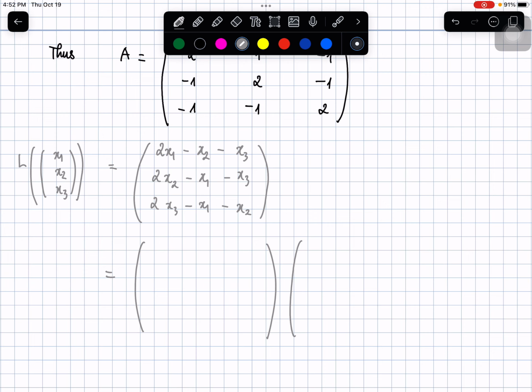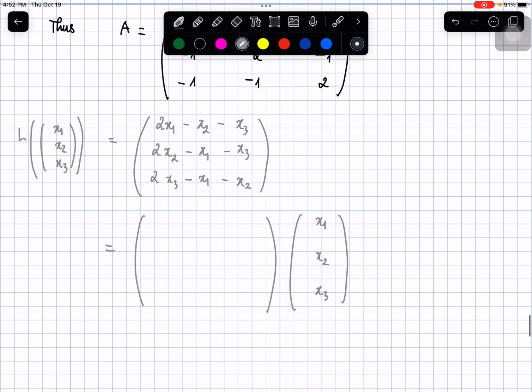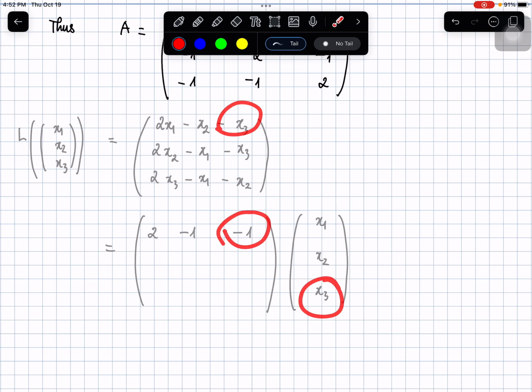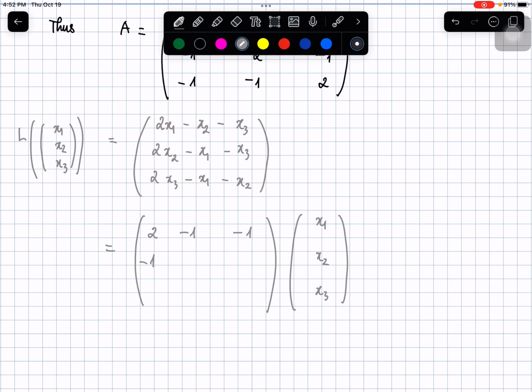Something which is a matrix A times (x1, x2, x3): we have 2 times x1 minus 1 times x2 minus 1 times x3. Similarly, we have minus 1 x1, 2 times x2, minus 1 times x3.